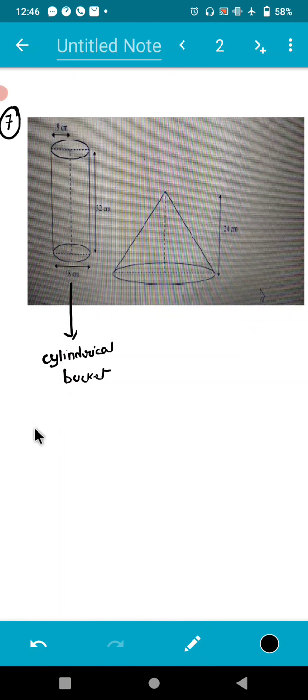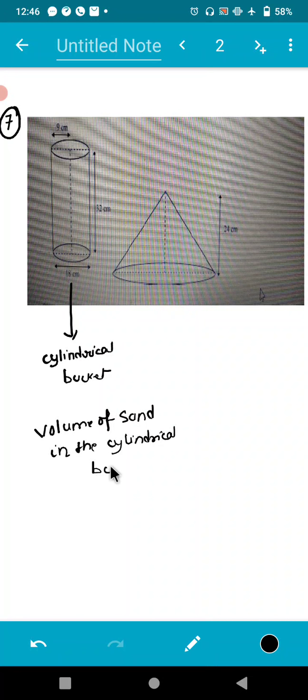So what we will write is that the volume of sand in the cylindrical bucket would be equal to the volume of the conical heap. What is the volume of a cylinder?